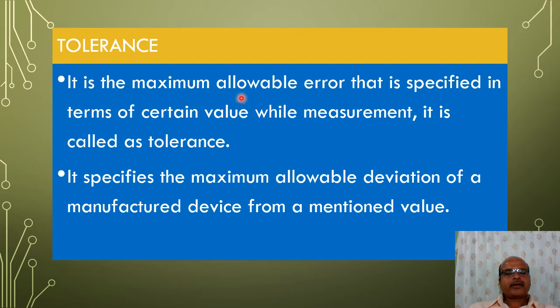Maximum allowable error means that beyond that, we can't allow the error. So if the maximum allowable error is 5 and it goes beyond that, we can't allow it. So it is called tolerance. It specifies the maximum allowable deviation of a manufactured device from the mentioned value.